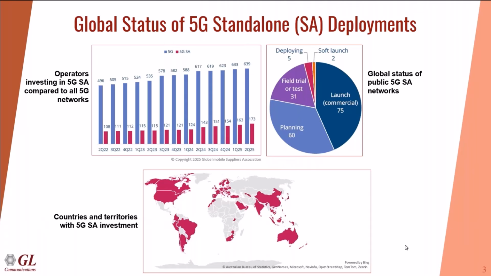So before diving into the tool specifics, let's have a quick look at where the world stands with 5G standalone deployment. We'll be mainly talking about the standalone deployment, where most of the 5G core network is completely new, and it is applicable mainly for a standalone network.